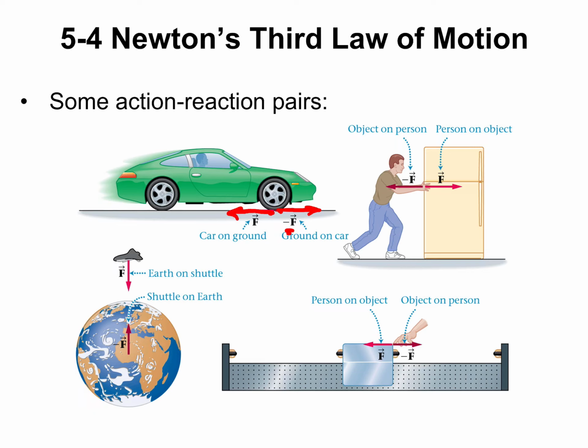And when you push this refrigerator, this is the force you apply on the refrigerator. Meanwhile, the fridge applies force on you. Those two forces have the same magnitude, opposite direction, and are on different objects.